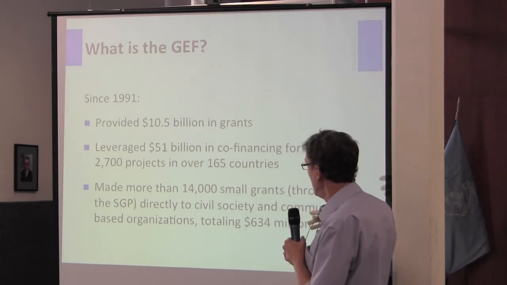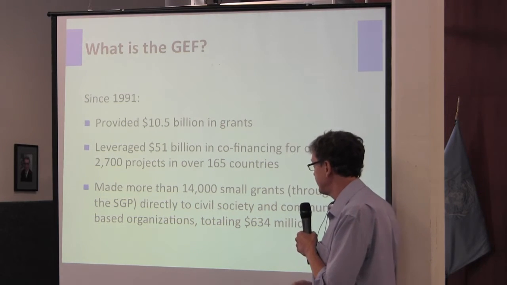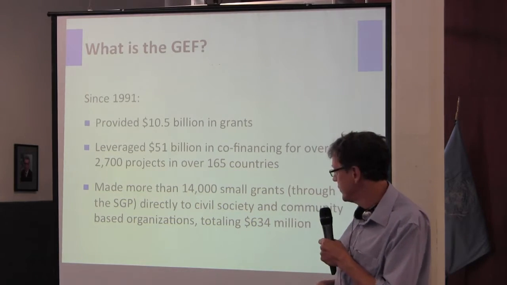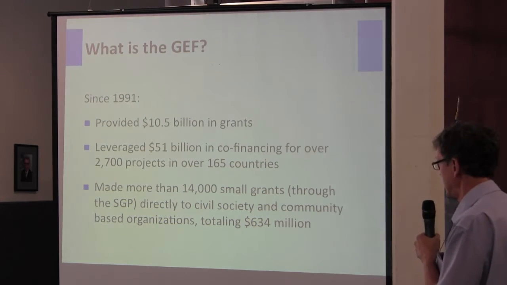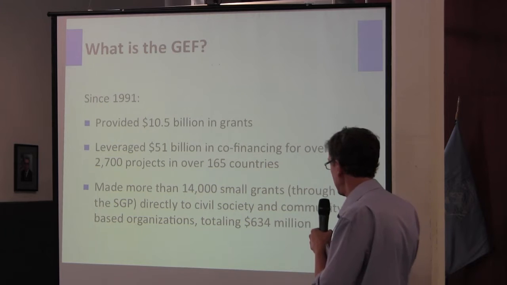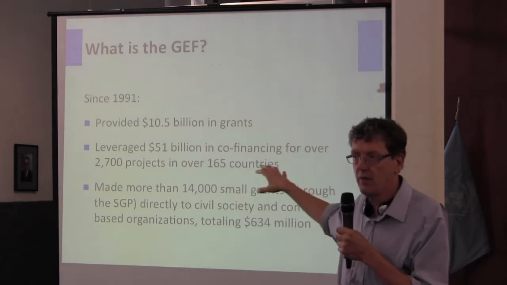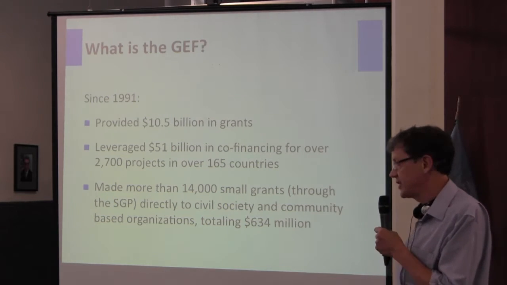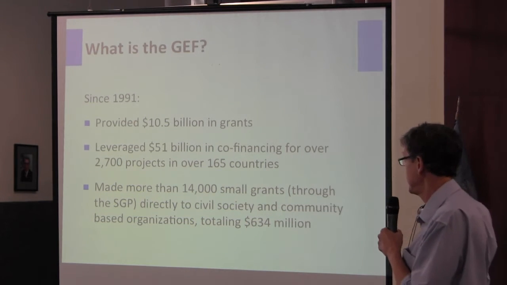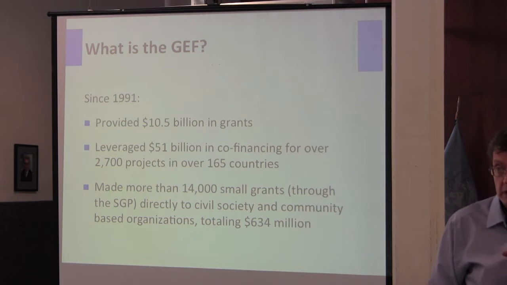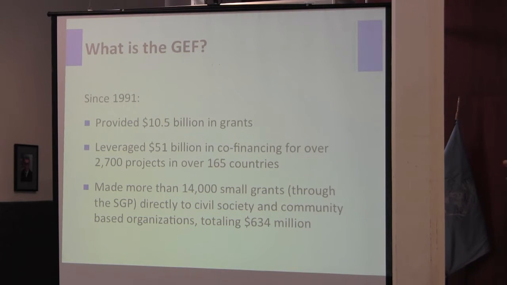And it's also made more than 14,000 small grants directly to civil society and community-based organisations, totalling, based on the information that I've been given, around $634 million. So it also funds small grants as well.